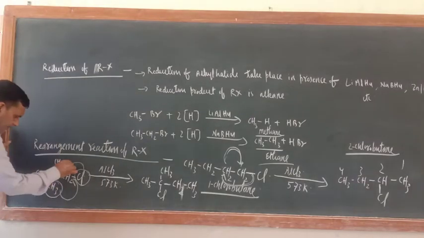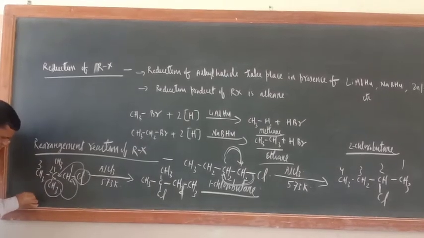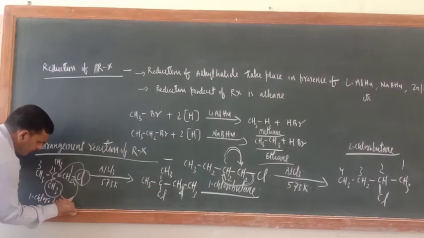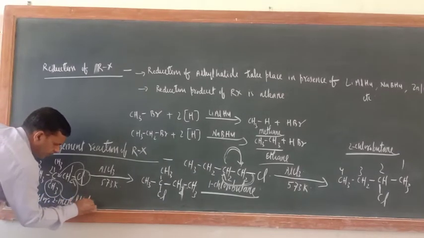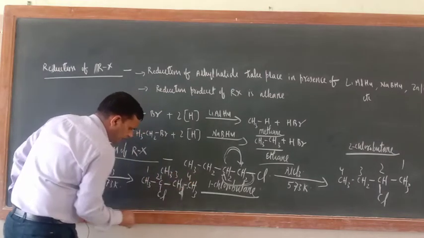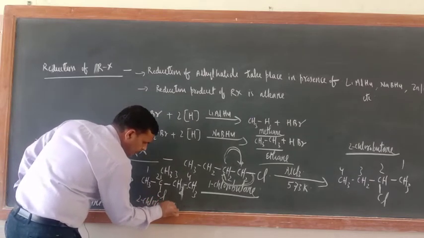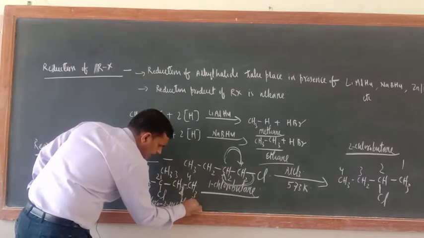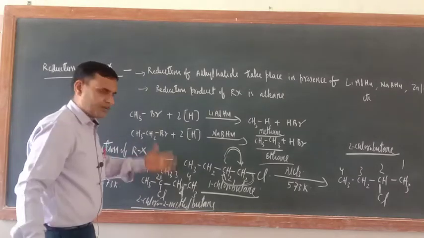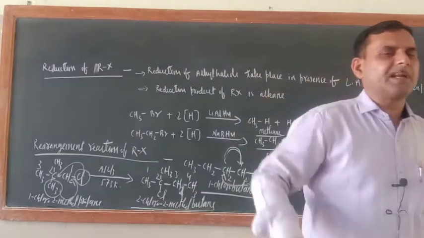What is the name of this one? 1, 2, 3. So 1-chloro-2-methylpropane. And here, 1, 2, 3, 4. So this is 2-chloro-2-methylbutane. Okay, so this is the rearrangement. In this way this is completely finished.